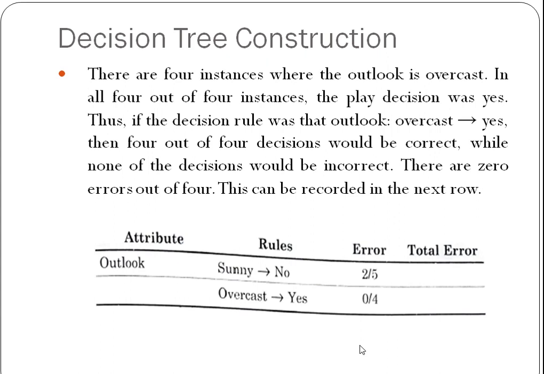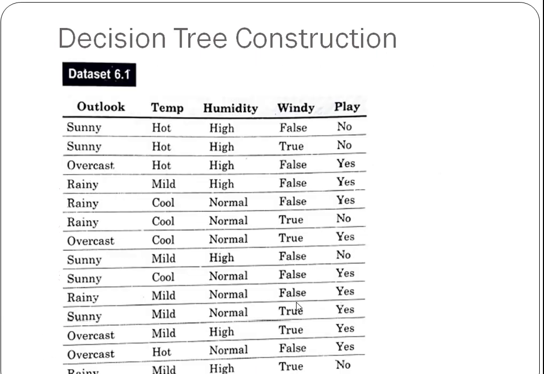Next, what is the next rule? The next rule is overcast yes. If we look back in the table, how many overcast are there? 1, 2, 3 and 4. Overcast yes, this rule holds good. Overcast yes, overcast yes, overcast yes.